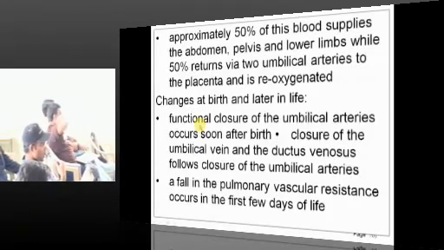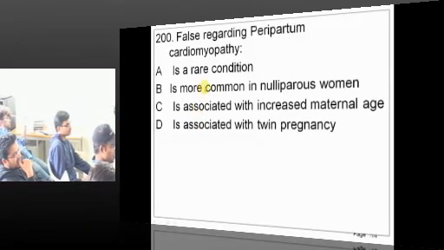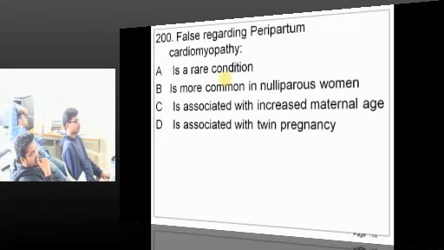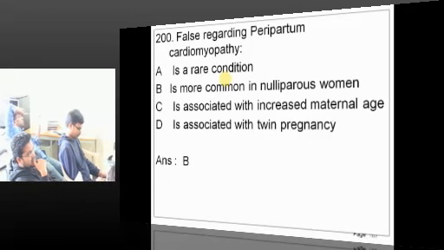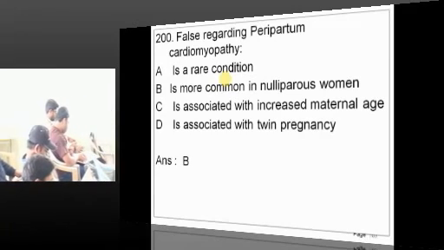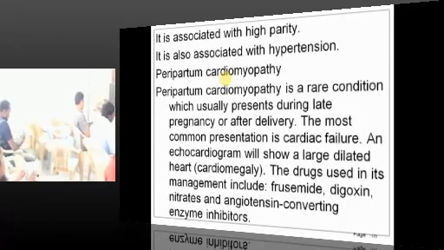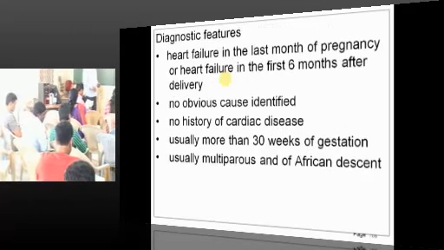Now, what is wrong about peripartum cardiomyopathy? Nulliparous or multiparous? Peripartum cardiomyopathy going into cardiac failure is more often a feature seen in the multiparous patient, is what needs to be remembered.